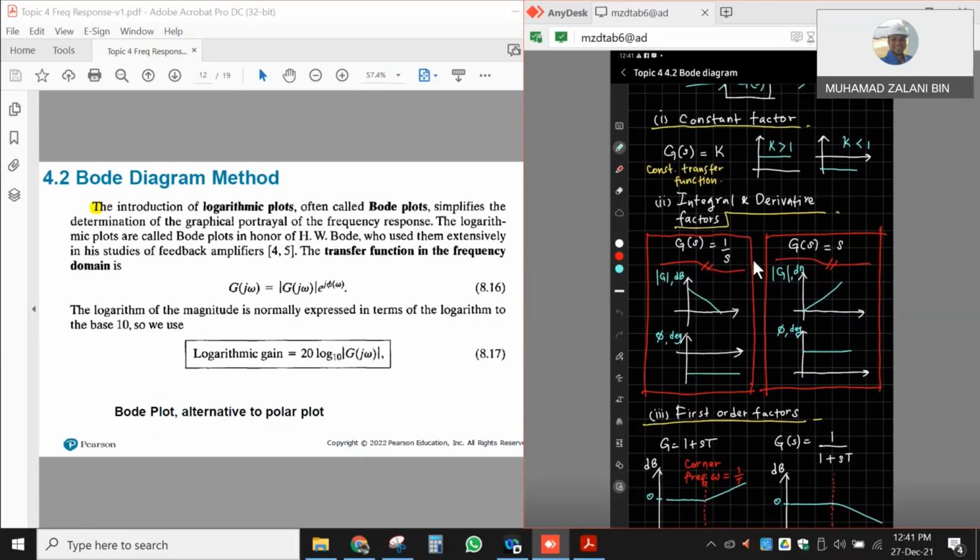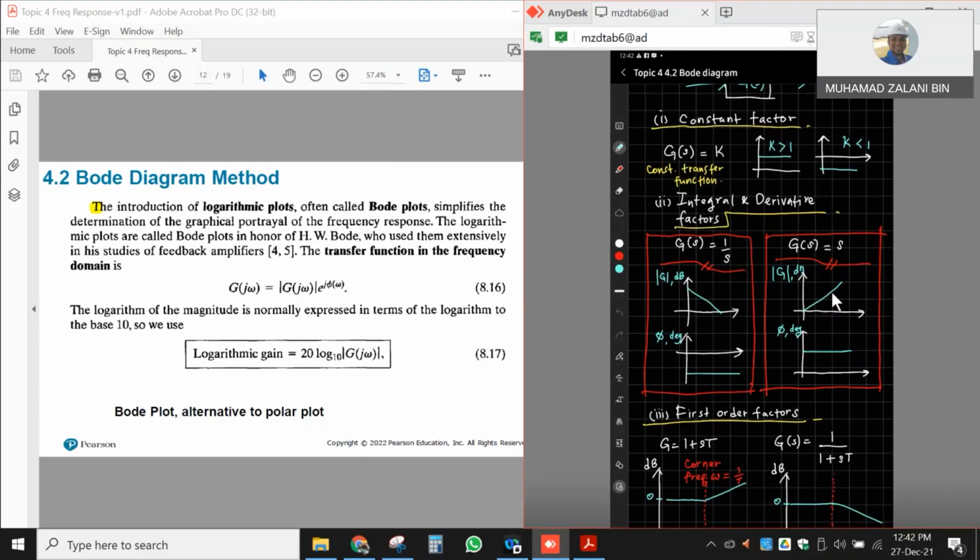On the other hand, when you plot the Bode plot representation for the derivative factor of the transfer function G(s), you will see the opposite representation with respect to the integral plot.